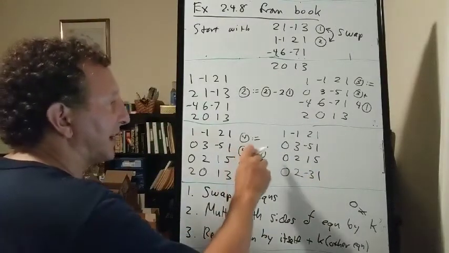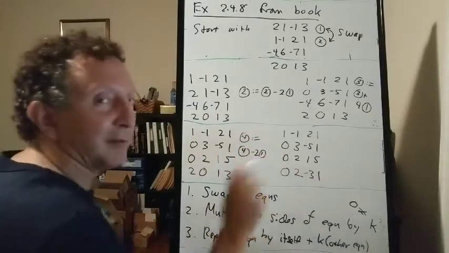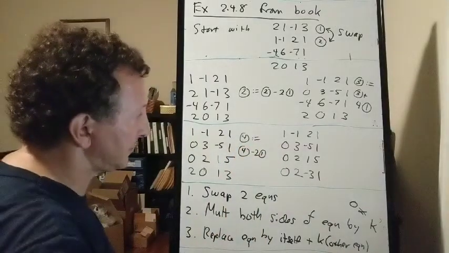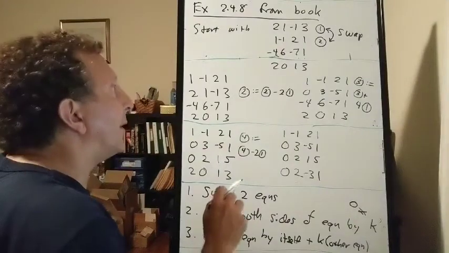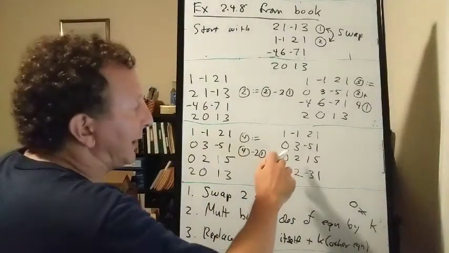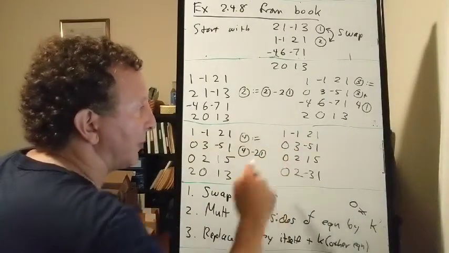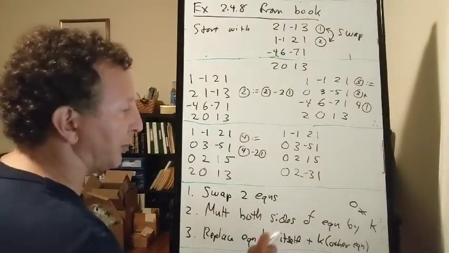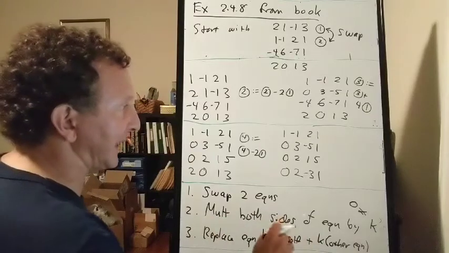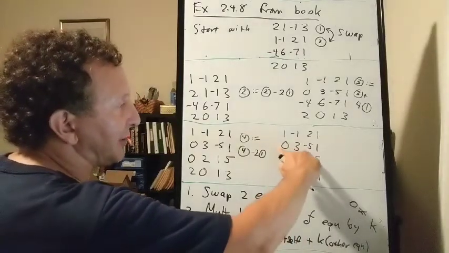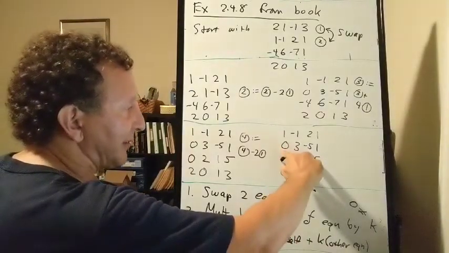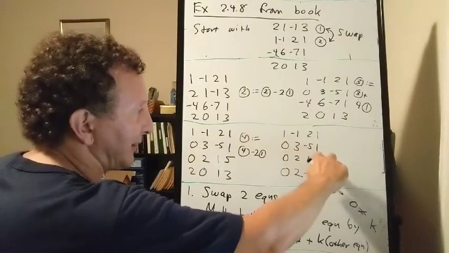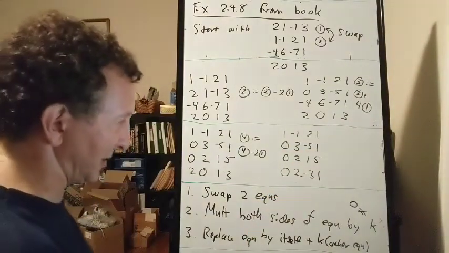Alright, now we want the second row to begin with a 1 after the zeros. So one way to do that would be to divide the whole row by 3, because we're allowed to multiply both sides of an equation by k. We can think of the first 3 numbers here as the coefficients on the left-hand side of the equation, and the last number as the coefficient on the right-hand side of the equation.